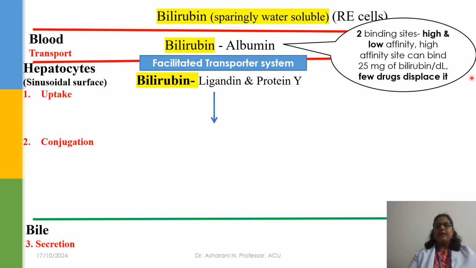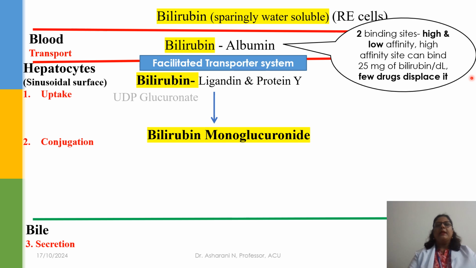This unconjugated bilirubin undergoes two steps of conjugation catalyzed by the same enzyme, that is UDP glucuronyl transferase, and UDP glucuronate is the conjugating agent here.